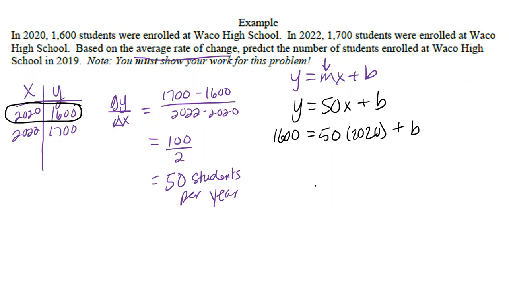Okay, so we're at 1600 equals, what is 50 times 2020? 101,000.